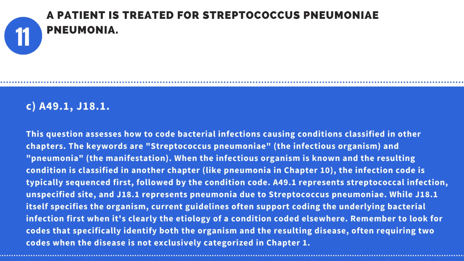While J18.1 itself specifies the organism, current guidelines often support coding the underlying bacterial infection first when it's clearly the etiology of a condition coded elsewhere. Remember to look for codes that specifically identify both the organism and the resulting disease, often requiring two codes when the disease is not exclusively categorized in Chapter 1.